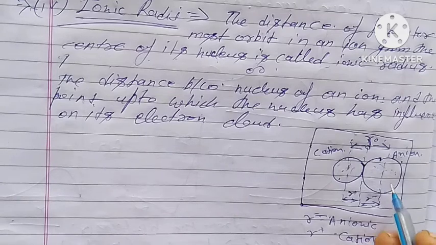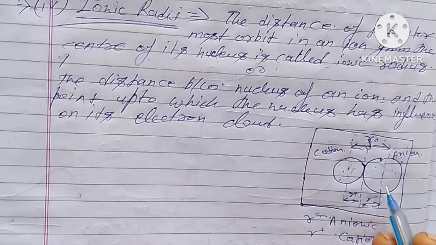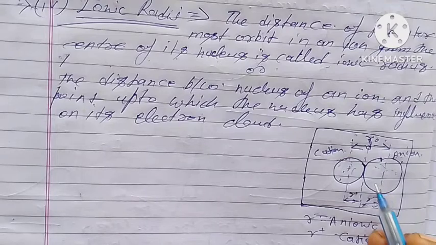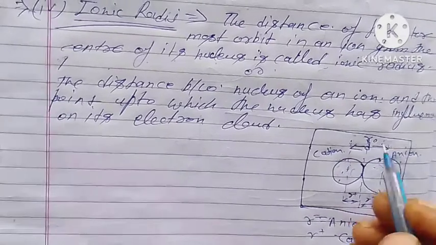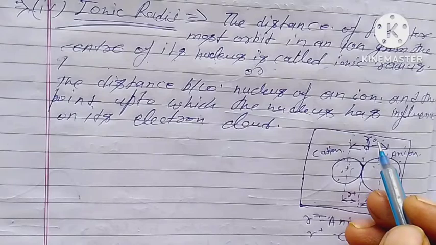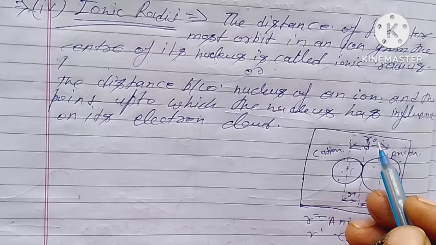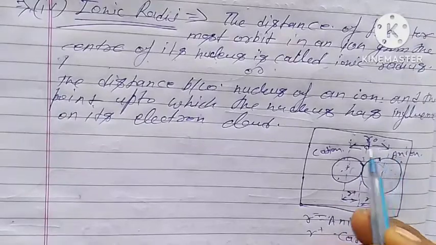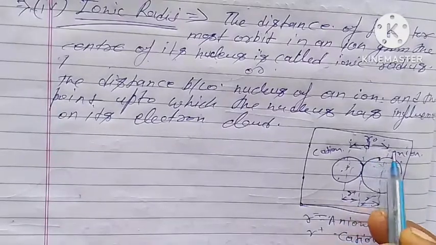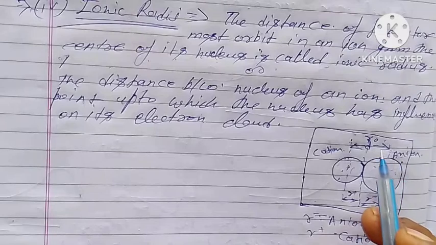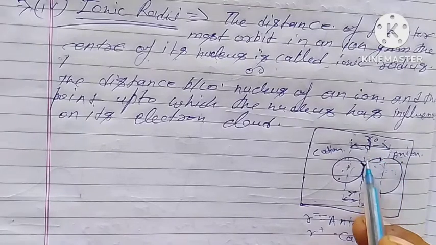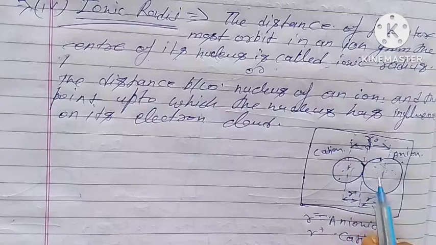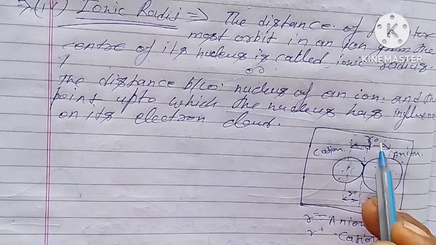In an ionic solid, the distance between the centers of neighboring ions is known as internuclear distance R0.